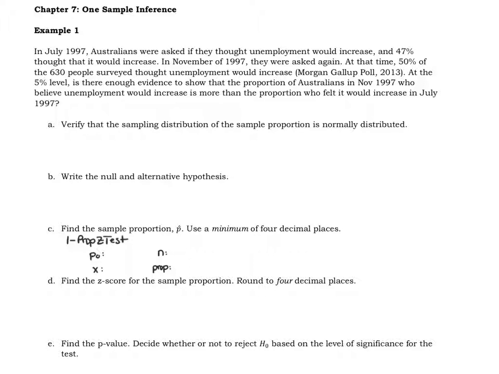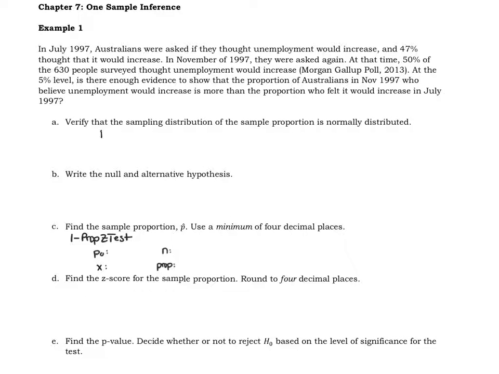So verify the sampling distribution of the sample proportion is normally distributed. Again, your questions are, is it binomial? And you should say yes, it is. One person's opinion doesn't impact another, and they either think it would increase or they don't. And then we need to check N times P times Q to see that it's greater than or equal to 10. So N is 630 people surveyed.